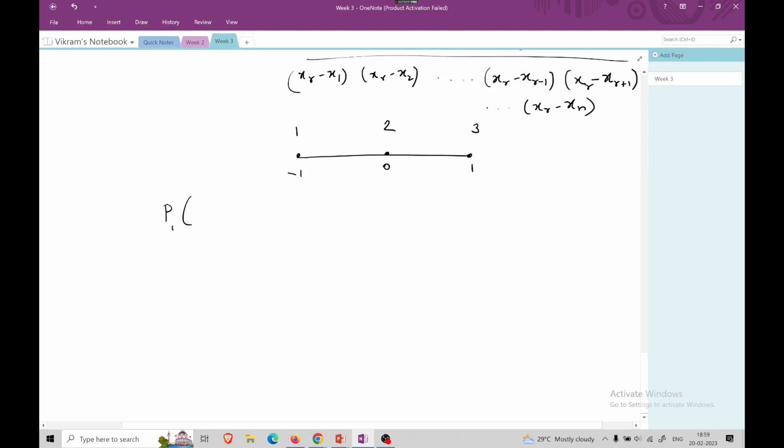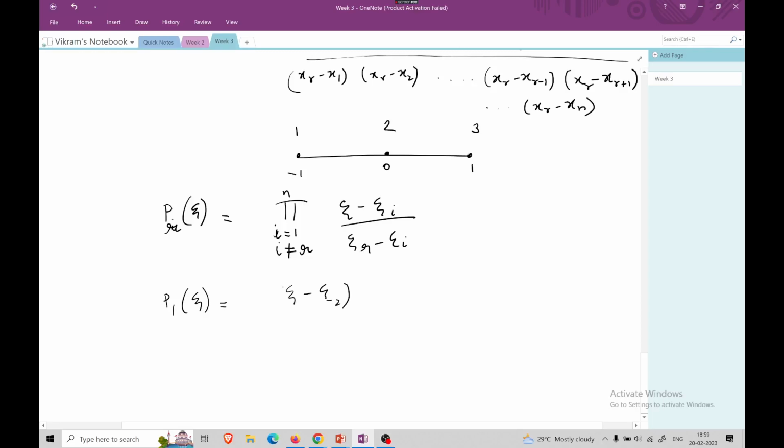So you can say P1 of eta is eta minus eta 2, eta minus eta 3, by eta 1 minus eta 2, eta 1 minus eta 3.